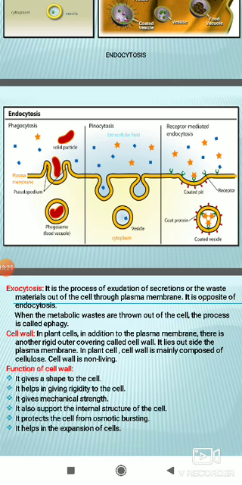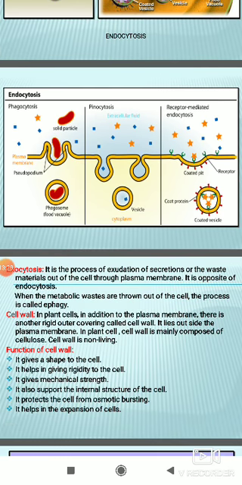Okay, and it is the process of elimination of secretions, because cells sometimes secrete useful substances like interferons. When any cell inside our body gets infected by a virus, it starts secreting interferons. Interferons are a group of proteins that help inform the other cells that the cell has undergone a virus attack, so that they can protect themselves.